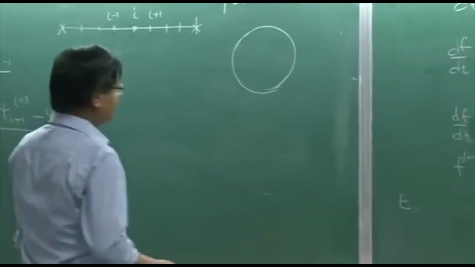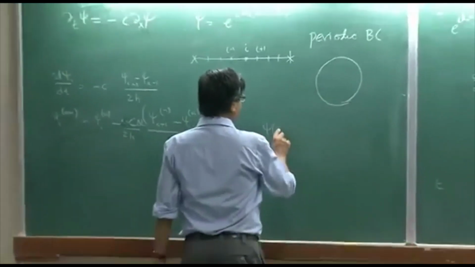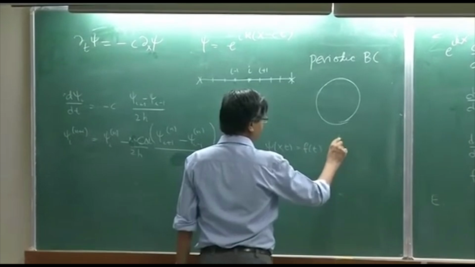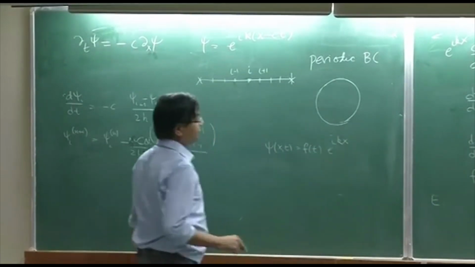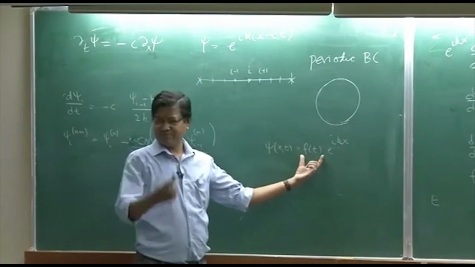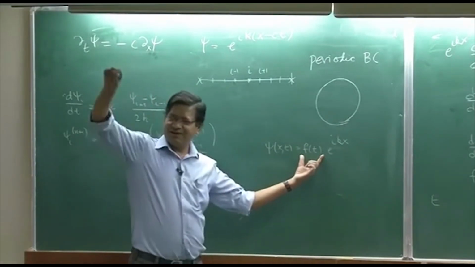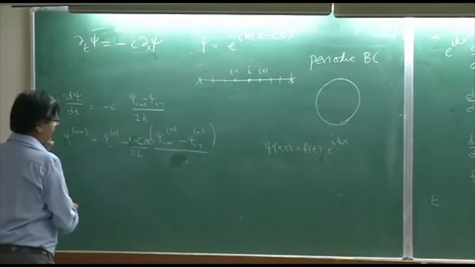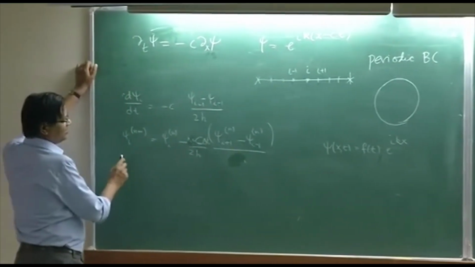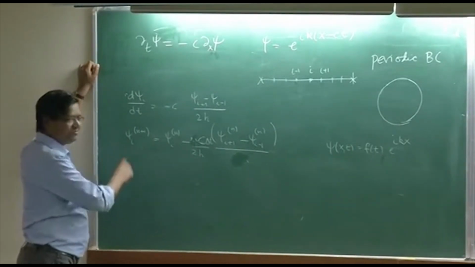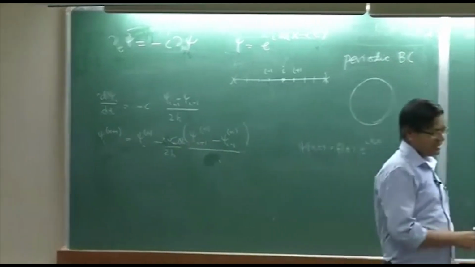I try the function psi(x,t) as f(t) e^(ikx). Now look for f(t). f(t) should not blow up, or should not go plus minus plus minus. If I plug it in, shall I write the answer instead of doing the algebra? This part you can do yourself.